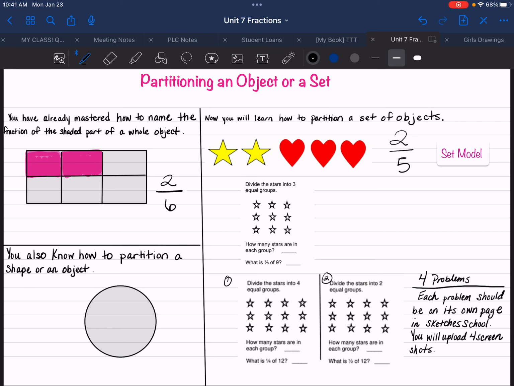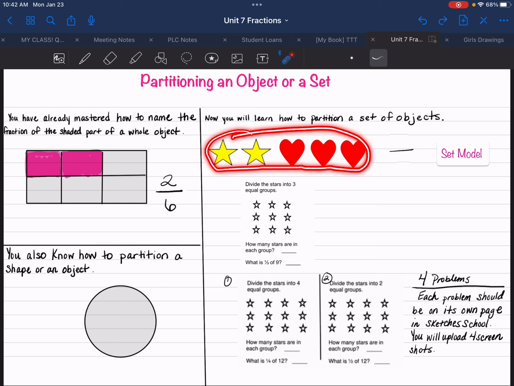Okay. So what if the problem asked you what fraction of the shapes are hearts, then you would count again your total. 1, 2, 3, 4, 5 shapes.